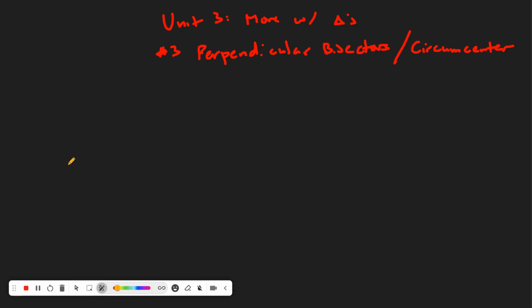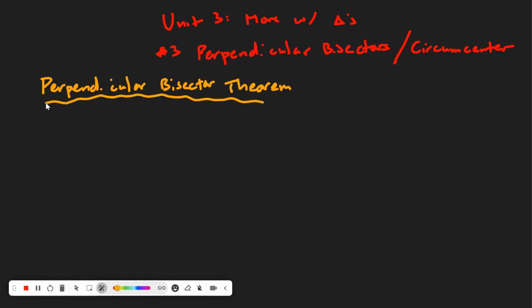Okay, so let's start with what's called the perpendicular bisector theorem. Now you have heard of a perpendicular bisector. I'm hoping that when I say perpendicular, you think of something, and when you hear bisector, you think of something. So we're going to put them together in the perpendicular bisector theorem.